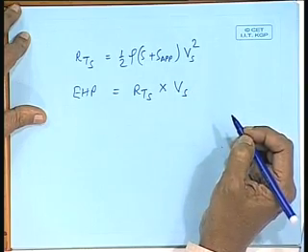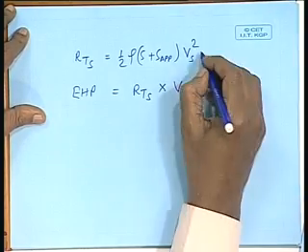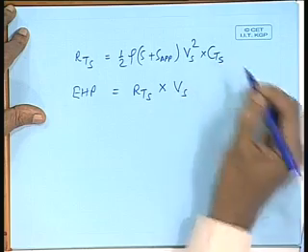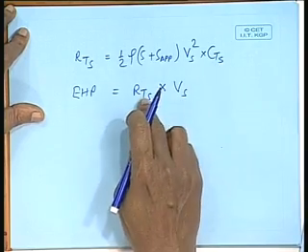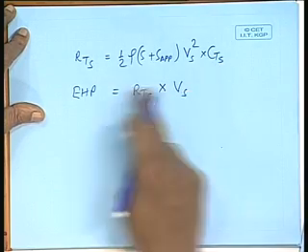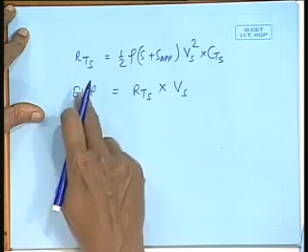Once you get CTS, you can calculate RT as half rho (S plus SAPP) V square into CTS for various speeds, and EHP, effective horsepower, we have seen will be equal to total ship resistance into V. If this is in kilonewtons, and V is in meters per second, this will be in kilowatts.